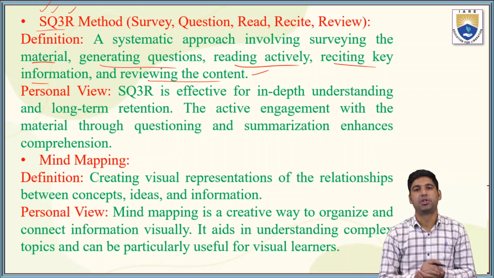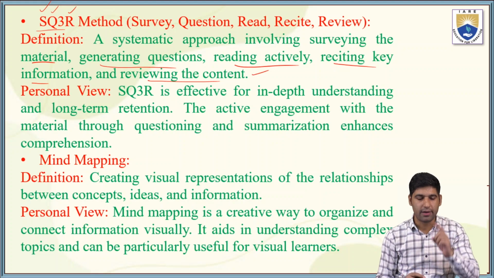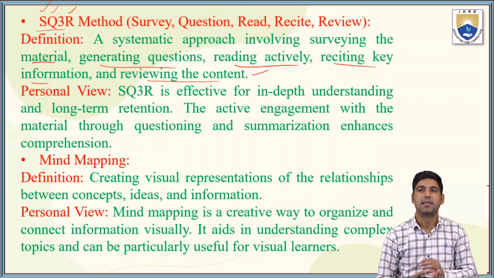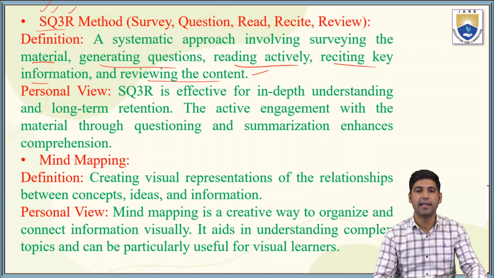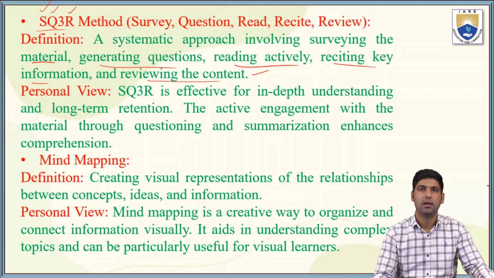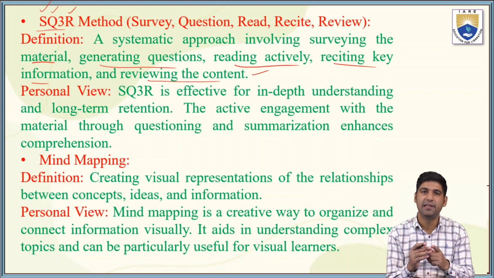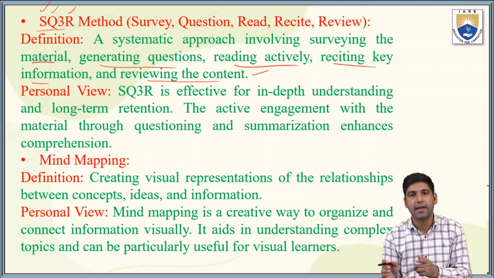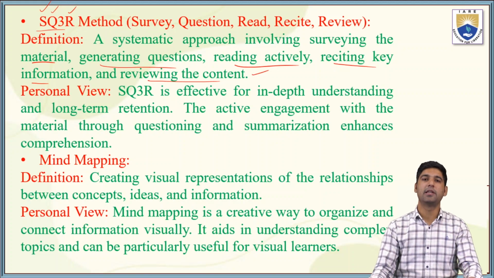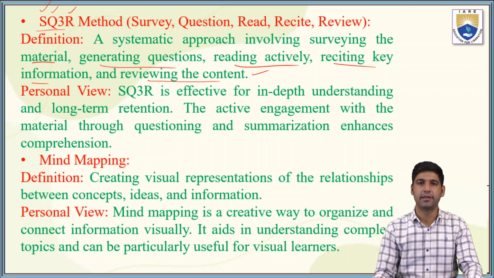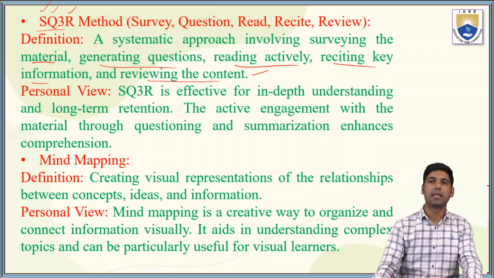It's an approach which involves, number one, that is S, surveying the material. When you are reading anything, first you are surveying the material. Number two, you are generating questions. Why has the text been written? What can I get when I read the text? What are the different objectives of this written material? Then there are the 3Rs.